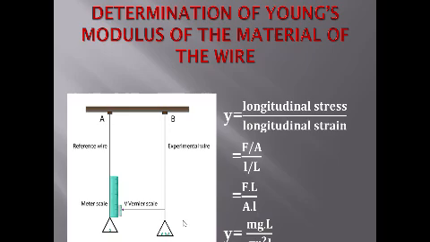After this, we know the force F is equal to mg, according to Newton's second law. The area is pi r squared. So what will be the Young's modulus of the material of the wire? Y is equal to mgL upon pi r squared l.